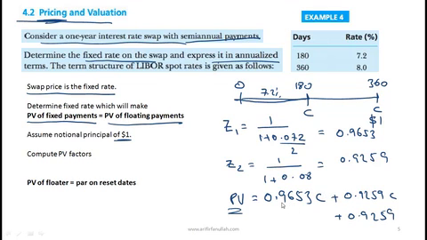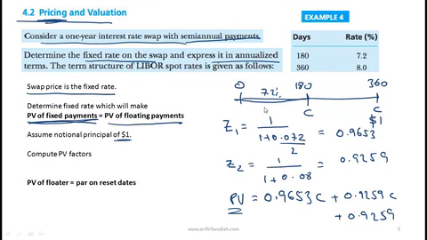Now we need to equate, so that is this part, to determine the fixed rate. So we need to determine the fixed rate which will make the present value of fixed payments equal to the present value of floating payments. So what have we done? We've done this part. This is the present value of fixed payments. What do we need to do next?